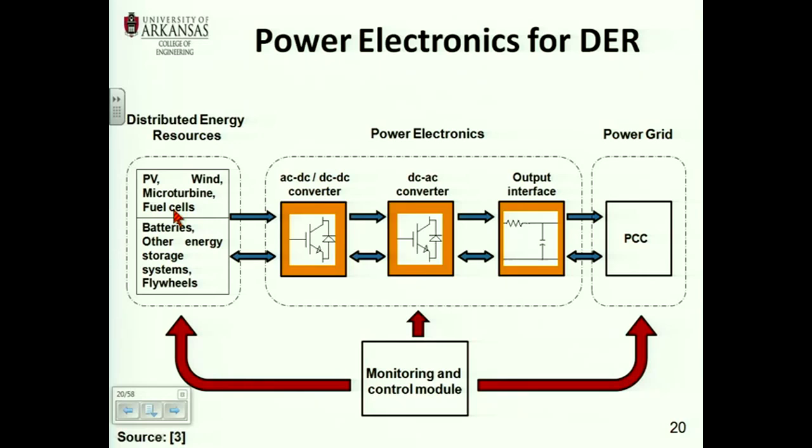If you short circuit the output of an inverter without any protection, after 10 microseconds, everything is gone. 10 microseconds is 10 divided by 1 million, right? So what you do is you have very fast controllers that are going to shut down your inverter.